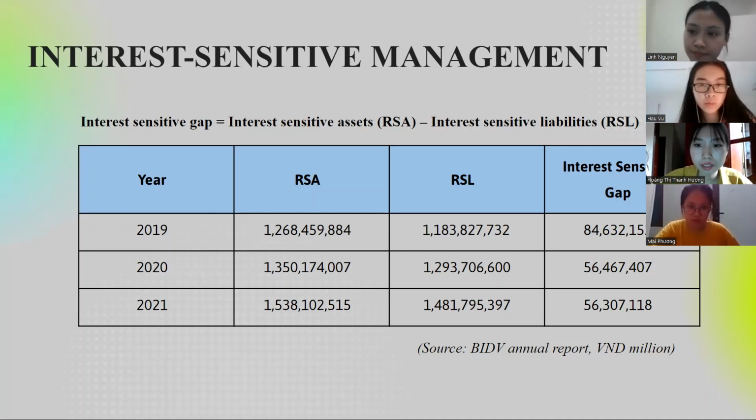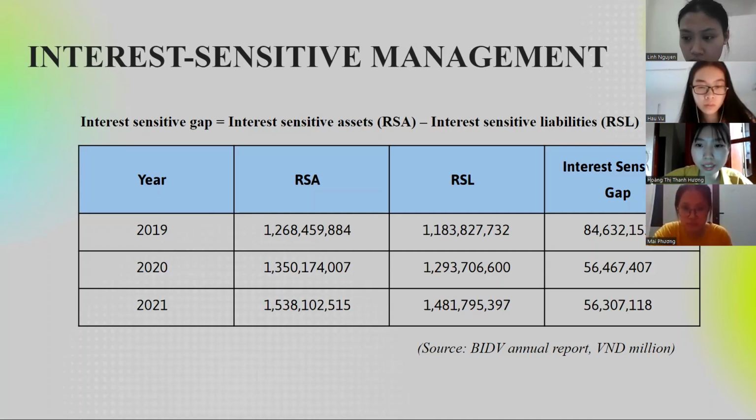A bank will have a negative gap and become liability sensitive when its interest rate sensitive liabilities are higher than its interest rate sensitive assets, or vice versa. In the case of a positive gap, when interest rates increase, the bank's profit and revenue can also increase.